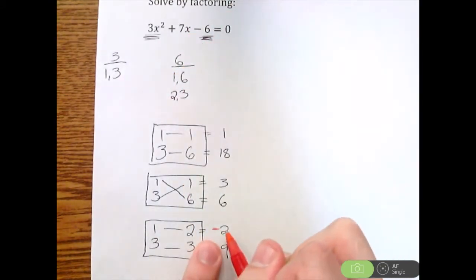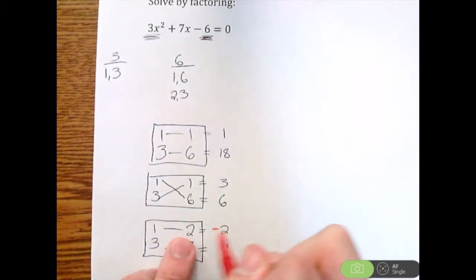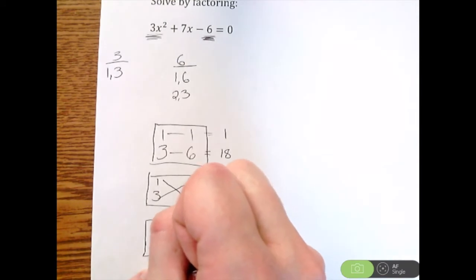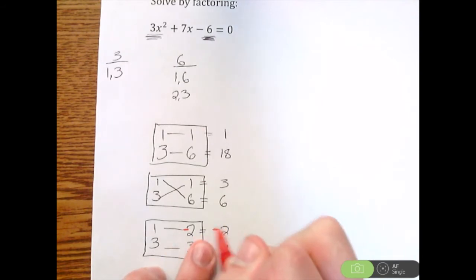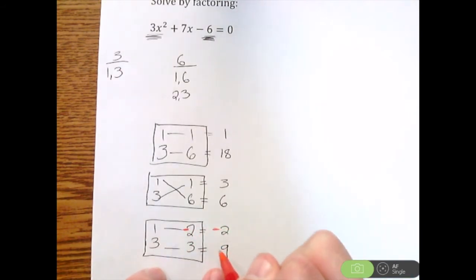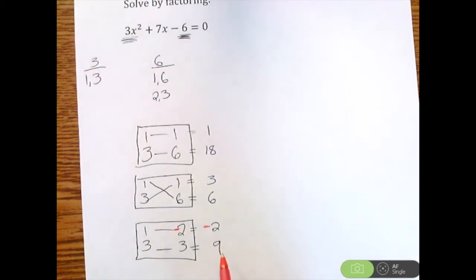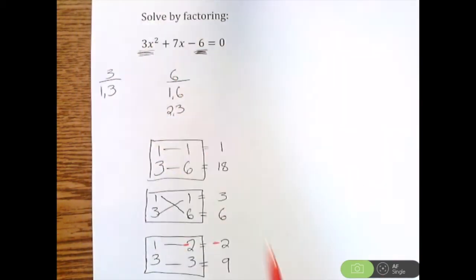But here's the deal: if I put a negative here, I have to change the sign of the number right next to it, which is this 2. Conveniently, they're the same number, though they're not always going to be. If I put a negative sign here, I have to put one there. So 9, negative 2, that gets me 7.